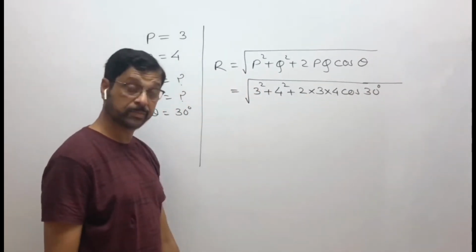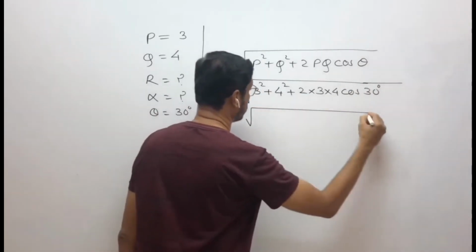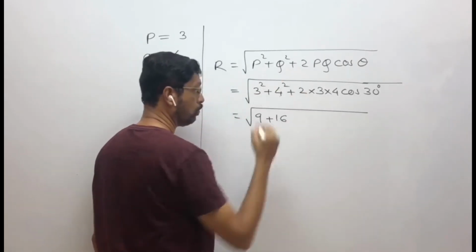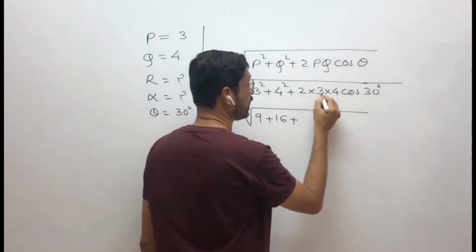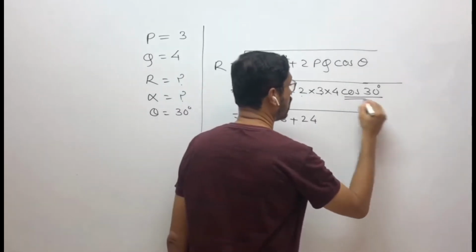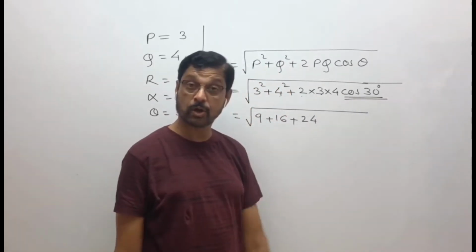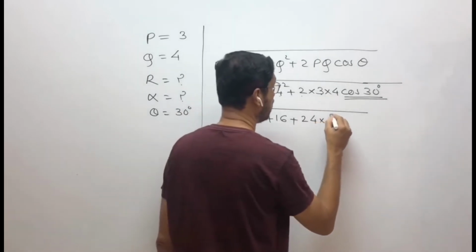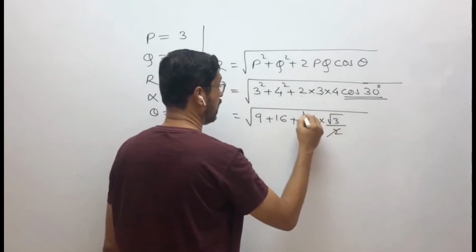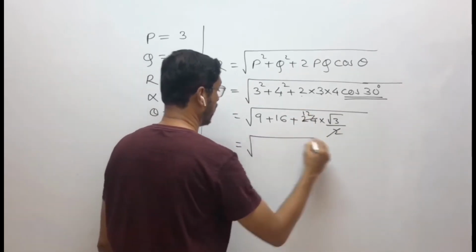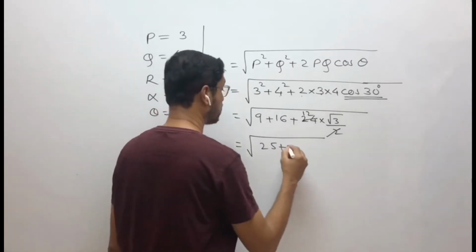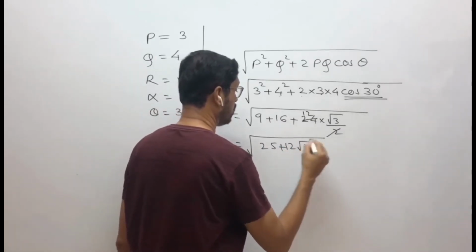Theta is 30 degree. So that will be equal to under root 9, 3 ka square, plus 16, 4 square, plus 2 into 3, 6 into 4, 24 and cos of 30 degree. How much is cos of 30 degree? Root 3 by 2. Right? So 2 ones are, 2 12s are. That is equal to under root 9 plus 16 is 25 plus 12 root 3.